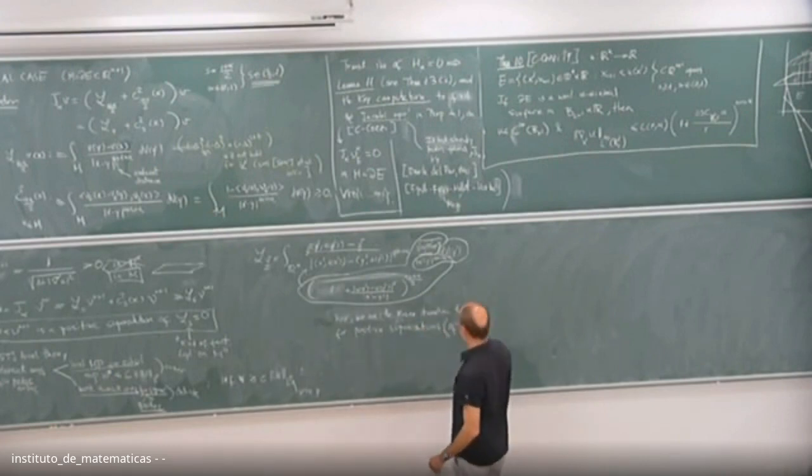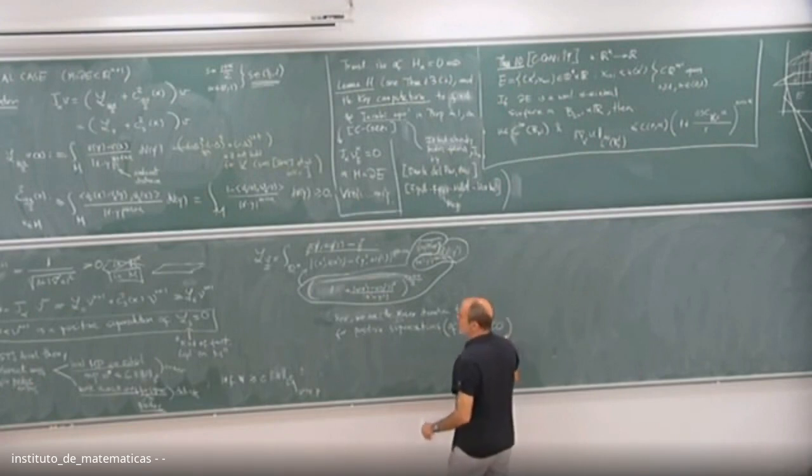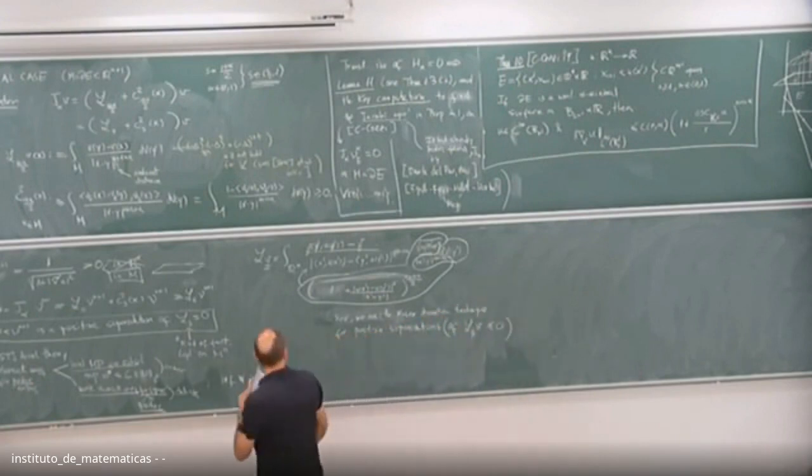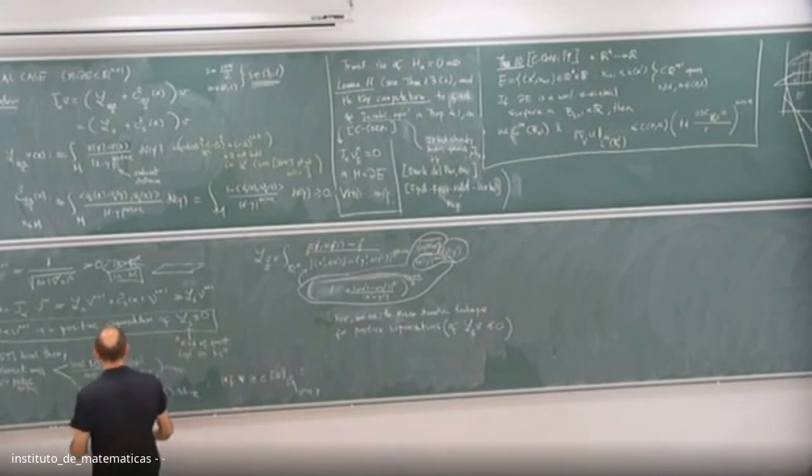Of this equation, in this case, L alpha or LS, that's better, LS of V less or equal than 0. We run the Moser iteration for trying to get this.